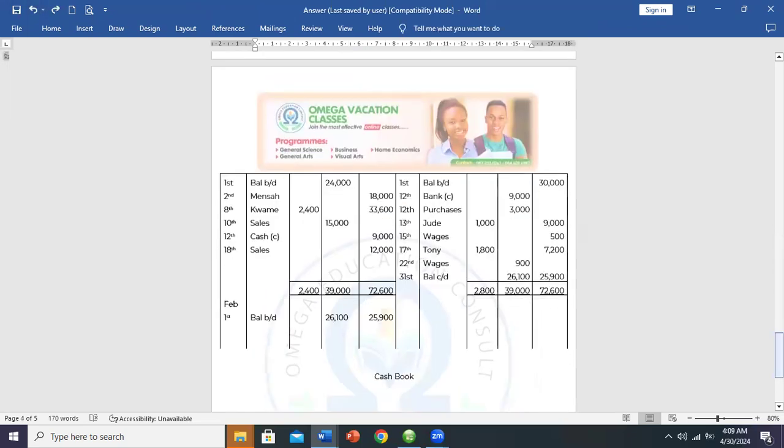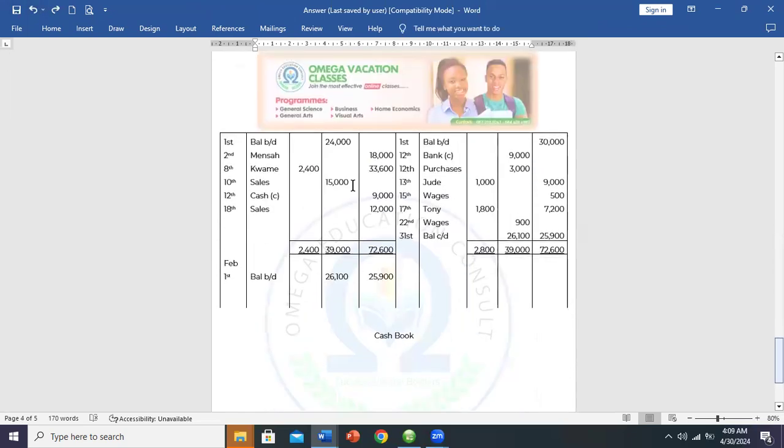So if you come to this side, you have Mensa here, and this is the receipt side. So who are you receiving from? You receive money from your debtors. So this Mensa is a debtor, will go into which ledger? Sales ledger. Kwame is a debtor, will go into the sales ledger. Cash account will not go anywhere. Sales account will go to the general ledger.